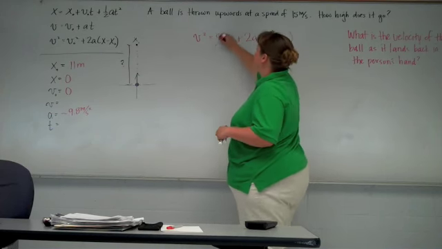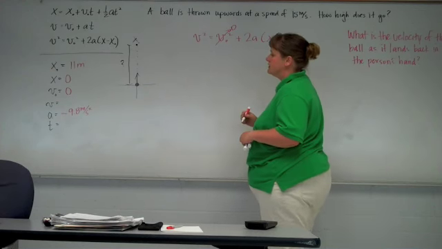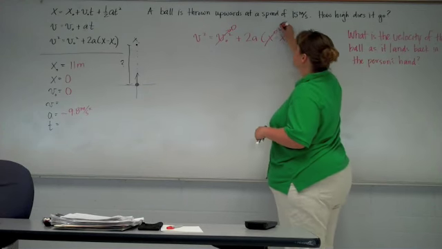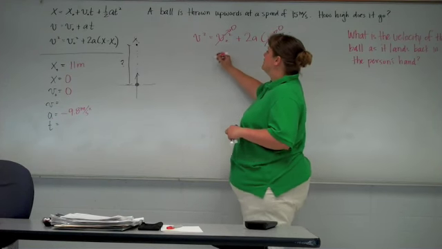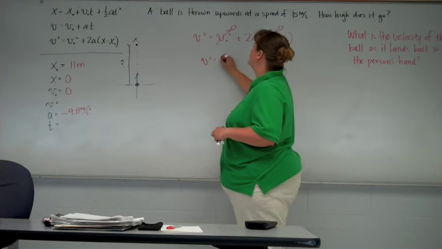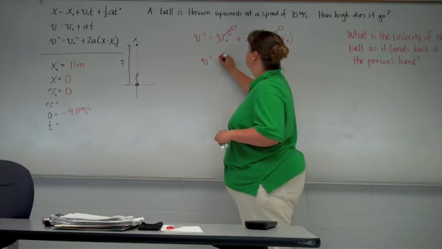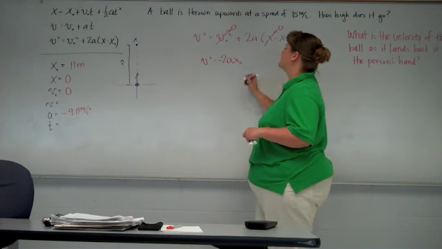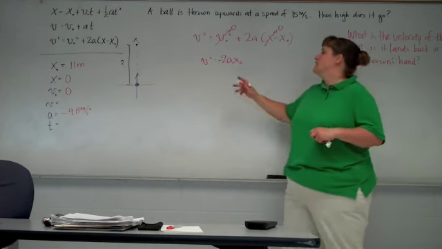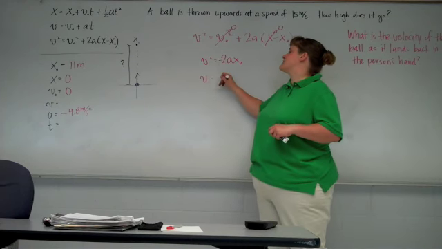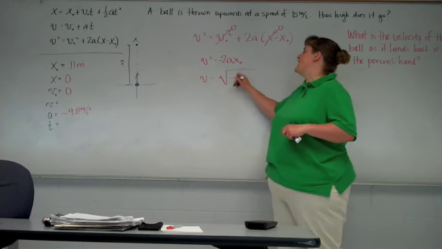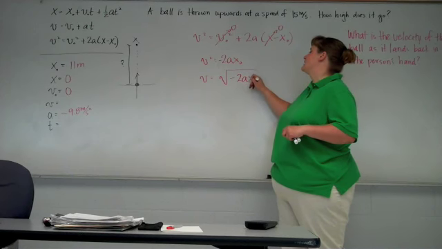So initial velocity is 0, and final position is 0. So v squared is equal to 2a times negative x naught. So v will be the square root of negative 2a x naught.